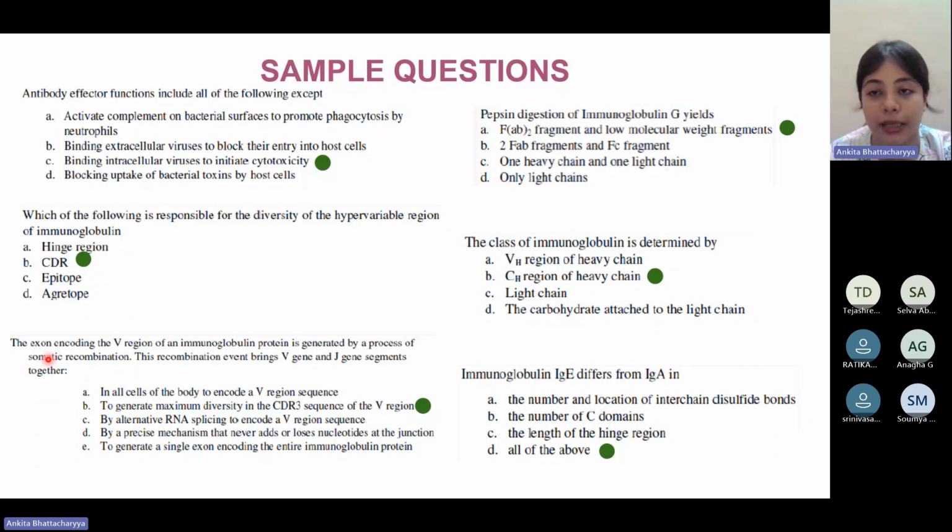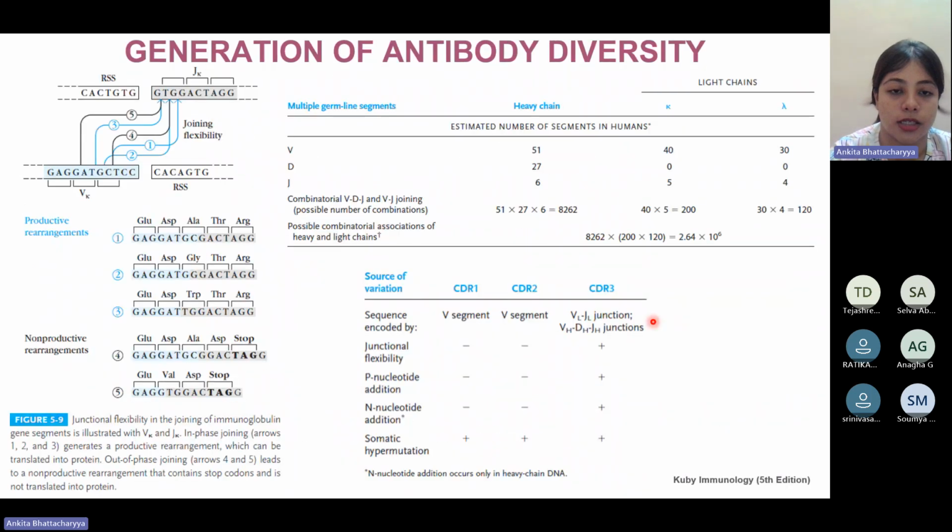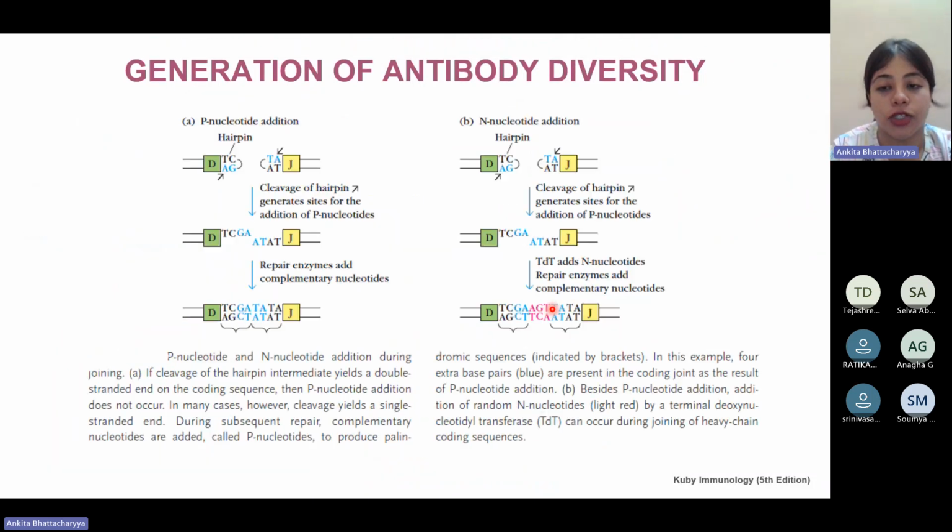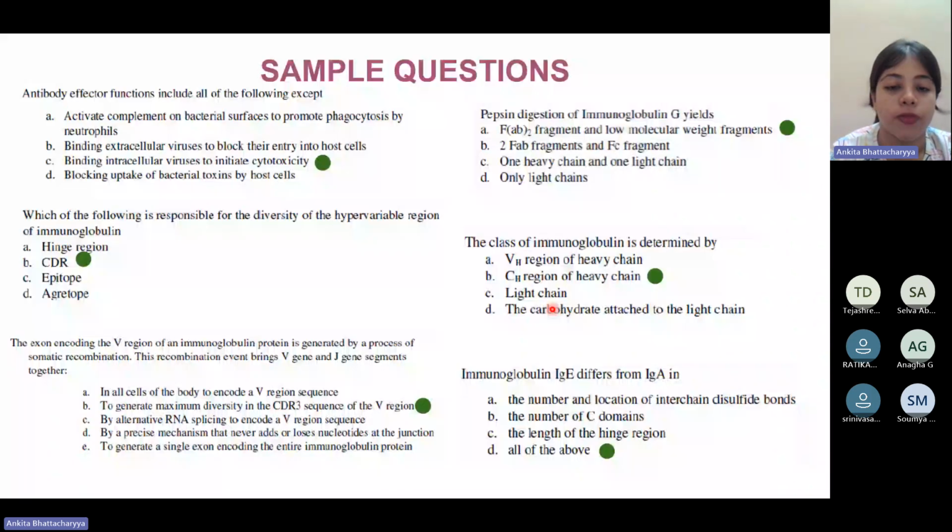If you remember that table once again, CDR1, 2, and 3 are being compared. So this VJ and VDJ junction, just in case it's not clear, this table is what I'm talking about: this recombination only occurs for, and is hugely contributing to, the diversity within the CDR3, or complementarity determining region 3, or hypervariable region 3, of the V region.